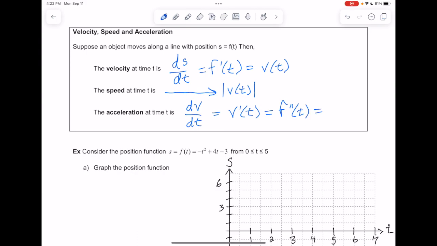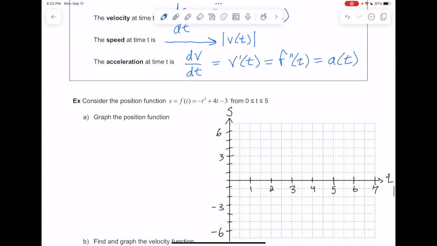All of those are ways that we could express the acceleration, which we would usually describe as a of t. It's a rate of change of velocity with respect to time, so it's the derivative of velocity, which is the second derivative of position. So all of those things are related together.